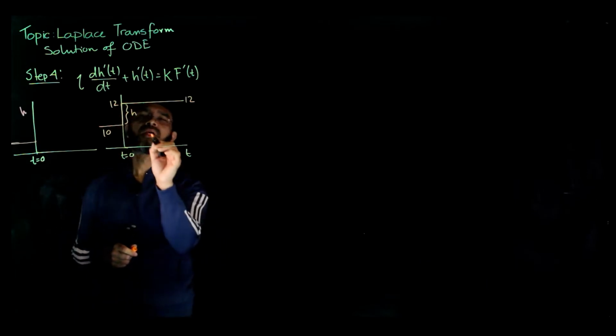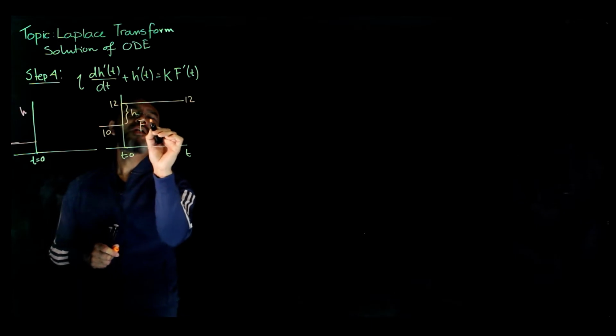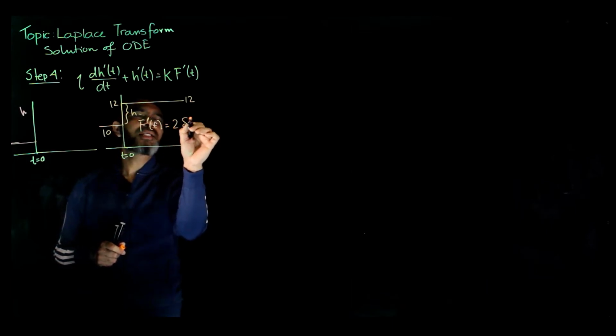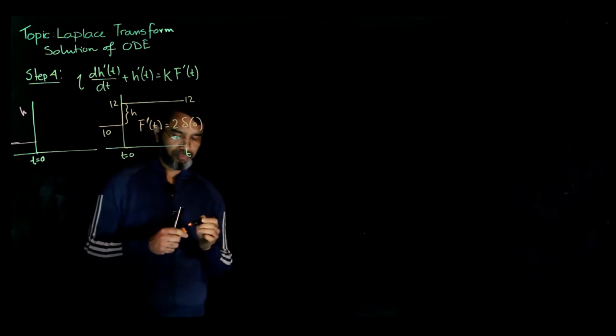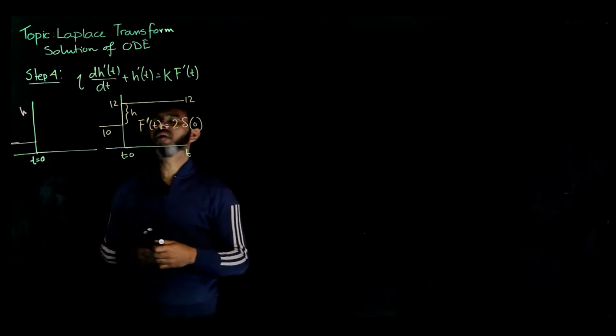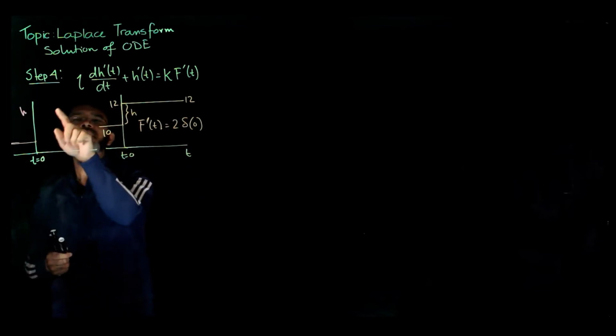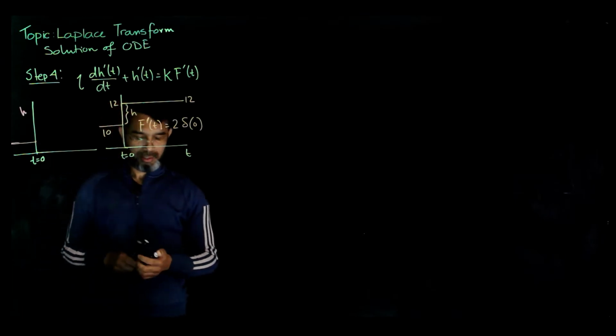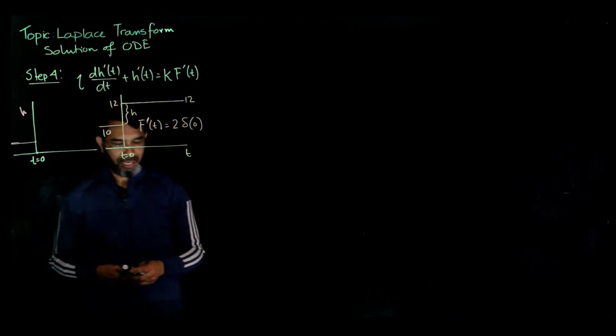If you recall, the value of the function in deviational form will then be 2 delta naught. Now, to find out what the value of this level will be in terms of its deviational form, that's the purpose of this exercise.